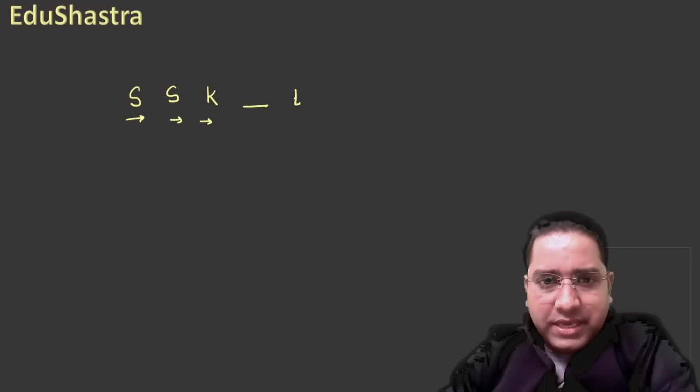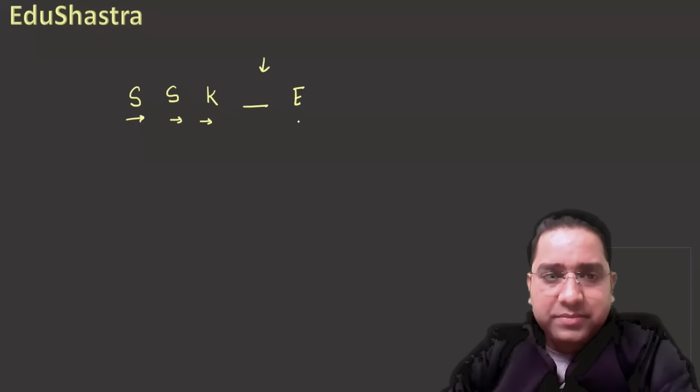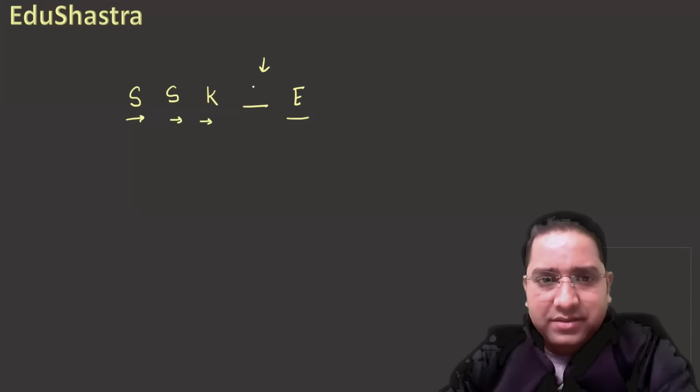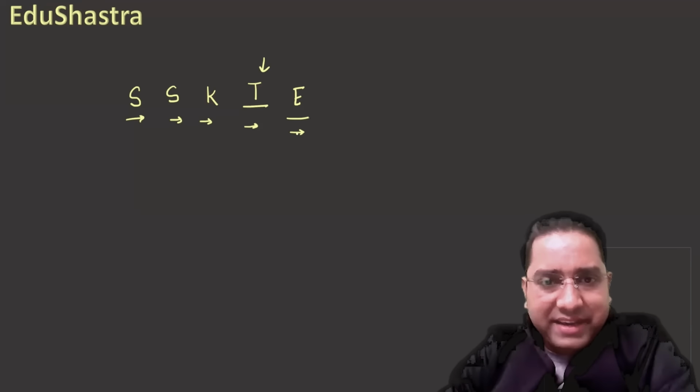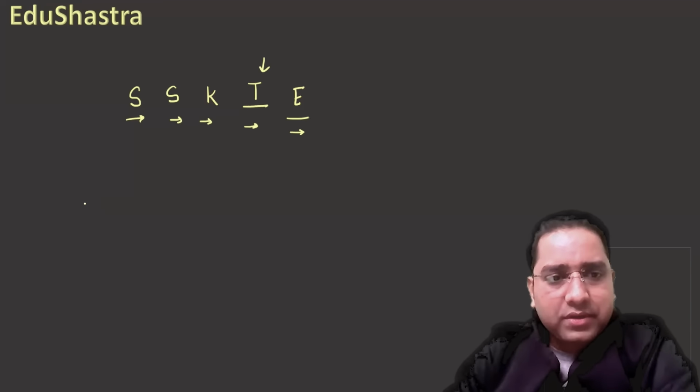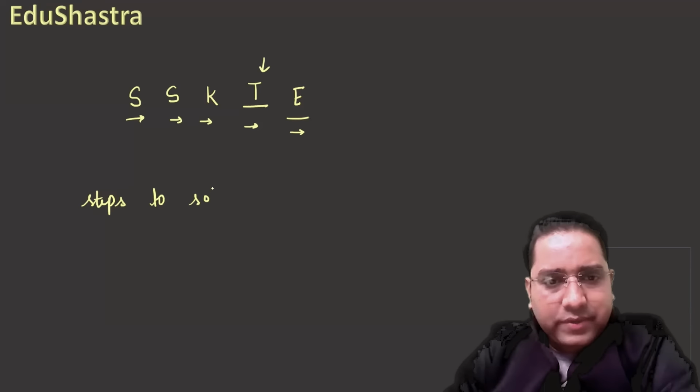At last, it was E, but what is there in between? Can anybody tell me? Okay, I'm telling you, it's T. So SSKTE, what does it mean? These are the 5 steps that you have to follow when you are solving RCs.